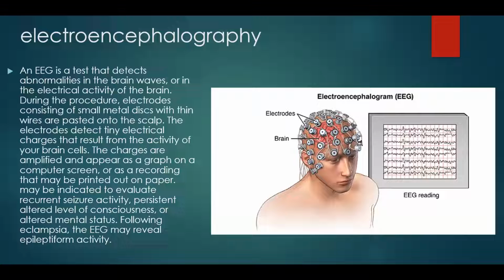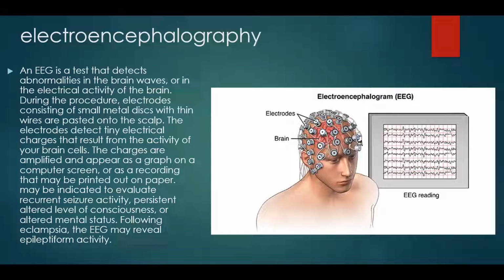Electroencephalography, an EEG, is a test that detects abnormalities in the brain waves or in the electrical activity of the brain. During the procedure, electrodes consisting of small metal discs with thin wires are pasted onto the scalp.